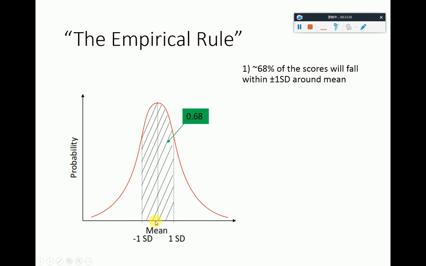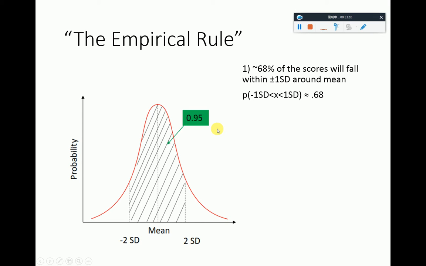So the probability of any value that falls within this range is about 68%, or 0.68, or the area of this shaded part bound by one standard deviation above and below the mean is 0.68.